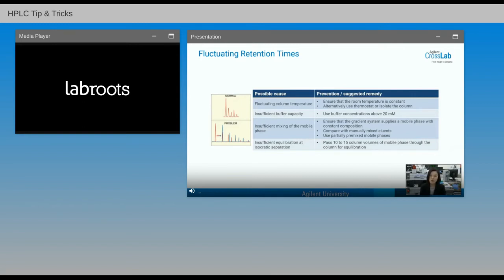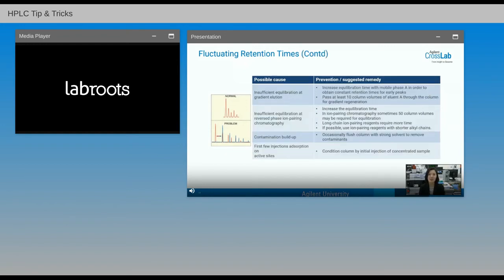It also could be that your column is not being equilibrated properly. If you are running a gradient and you change to a different gradient and then do the next injection, but your column has not been conditioned back to the initial mobile phase ratio enough, it will also give you irreproducible retention time.